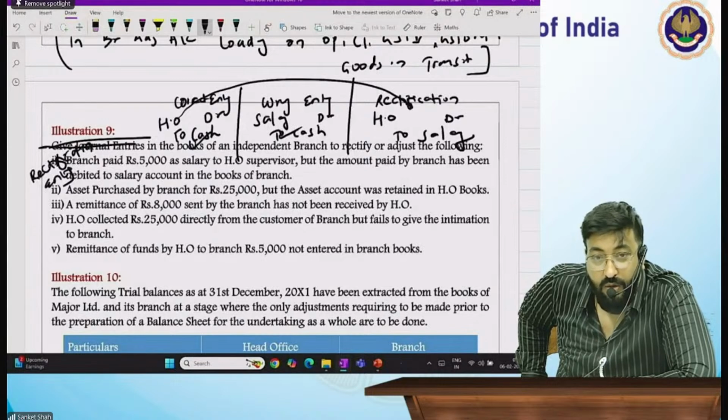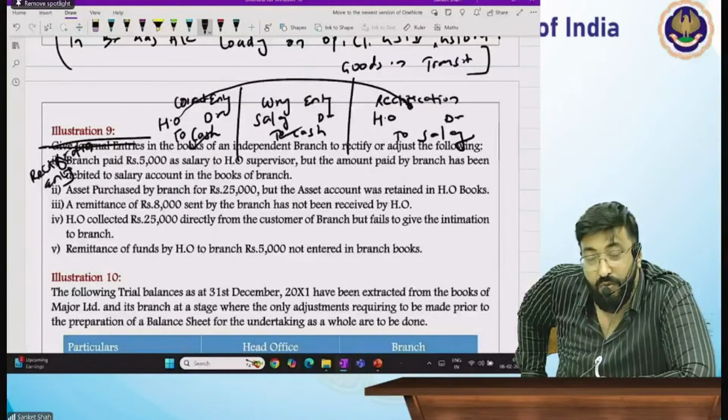Okay, so we are not concerned with their accounts. And what is the entry in the branch books? In the branch books, branch asset to head office? No. Asset purchased by branch means asset account debit to cash account. No. HO account debit to cash account.